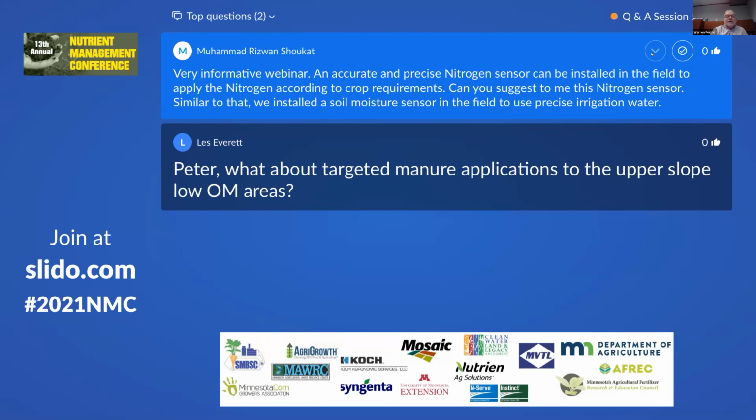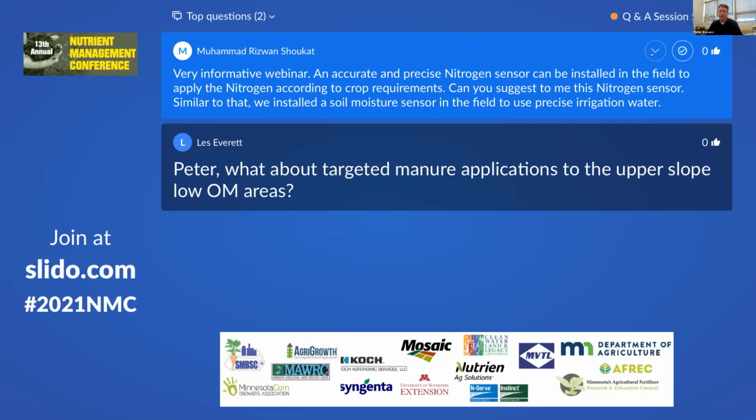Can you suggest the type of nitrogen sensor we'd be looking at? And similarly, this person has installed a soil moisture sensor in the field to use for precision irrigation. Maybe you can talk about how those would interact. I'm not sure how much is my question or how much is for Brent. Seems like a little bit more of a water related question too.